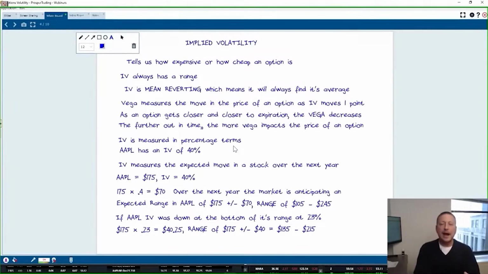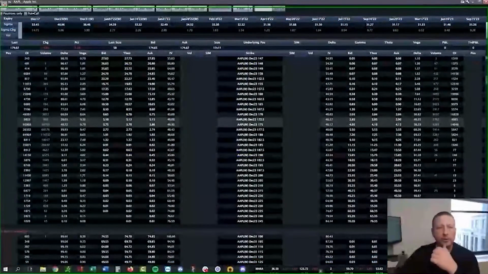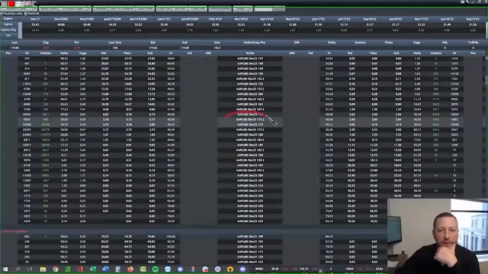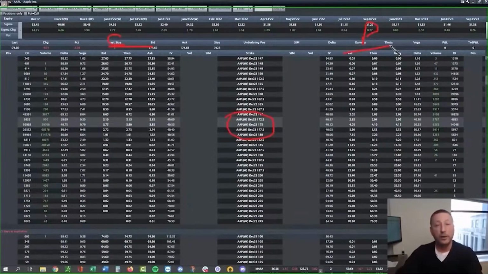Okay, now let's see how volatility actually impacts the price of individual options here in Apple. And we're going to look at these options again here. The 175 calls are on this side, puts are on this side. Now, one other thing to understand and to know about volatility, about vega, is that the vega of an option is the exact same for both a call and a put at the same strike, at the same expiration.